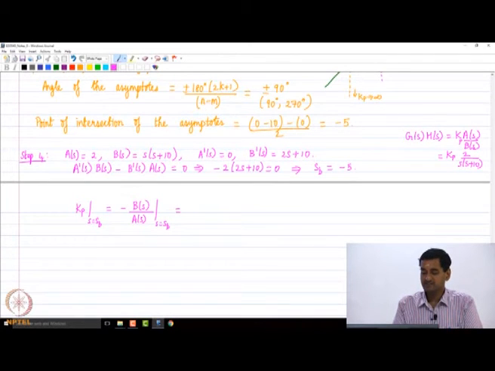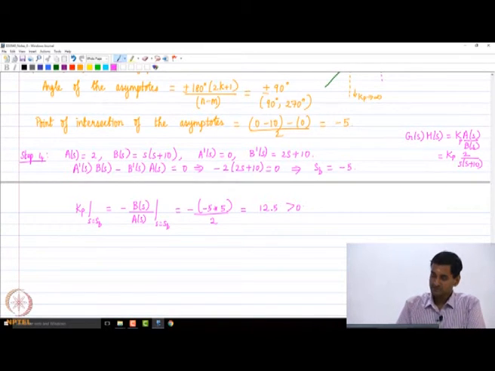If you substitute -5, we will get -5 times (5 + 10), divided by 2, so this will come to be 12.5. And that is greater than 0. So, this implies that sb = -5 is a breakaway point.